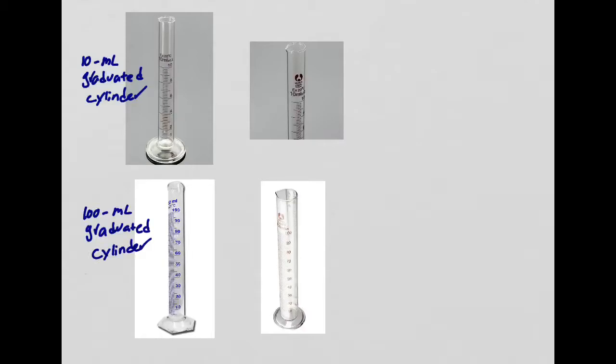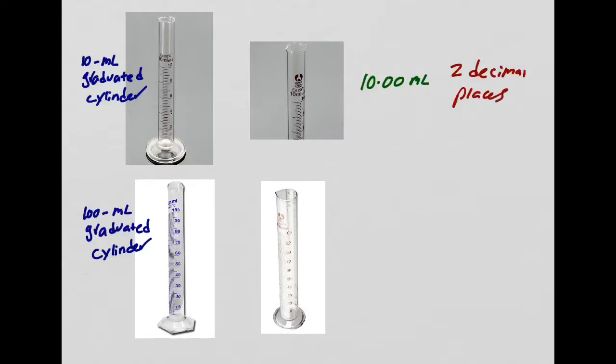Now, if I measure 10 ml of hydrochloric acid using a 10 ml graduated cylinder, I can report 10.00 ml, because a 10 ml graduated cylinder is good to 2 decimal places.